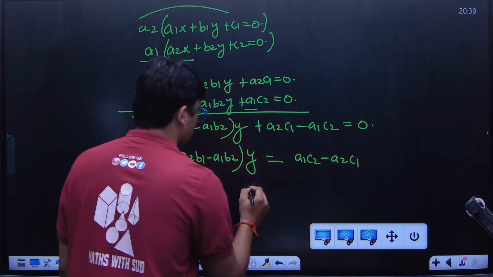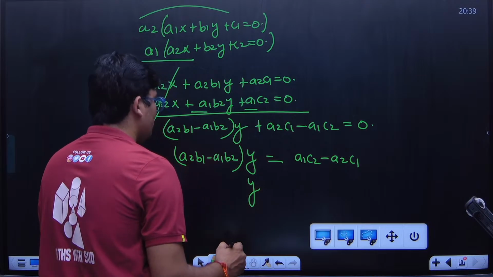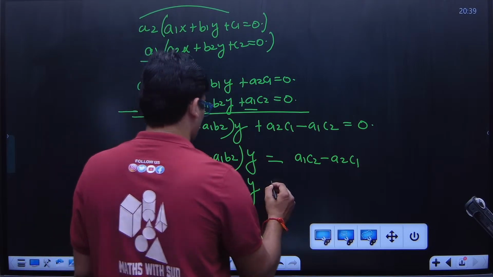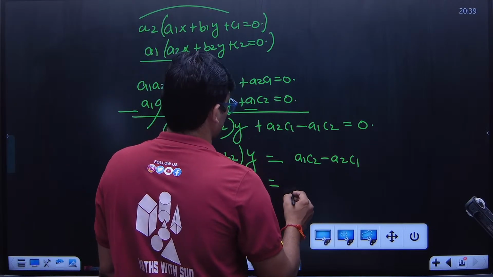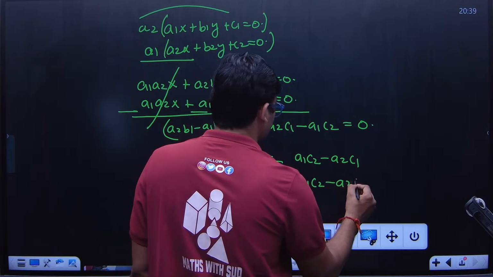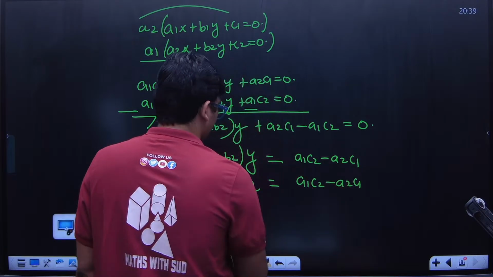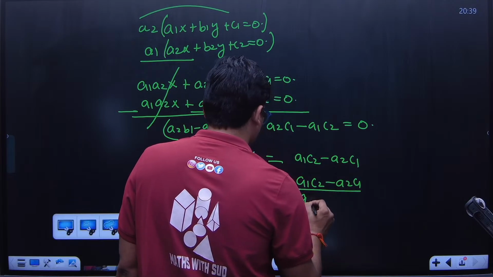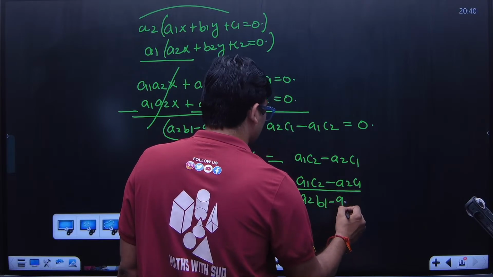So y will be equal to a1 c2 minus a2 c1, divided by a2 b1 minus a1 b2.